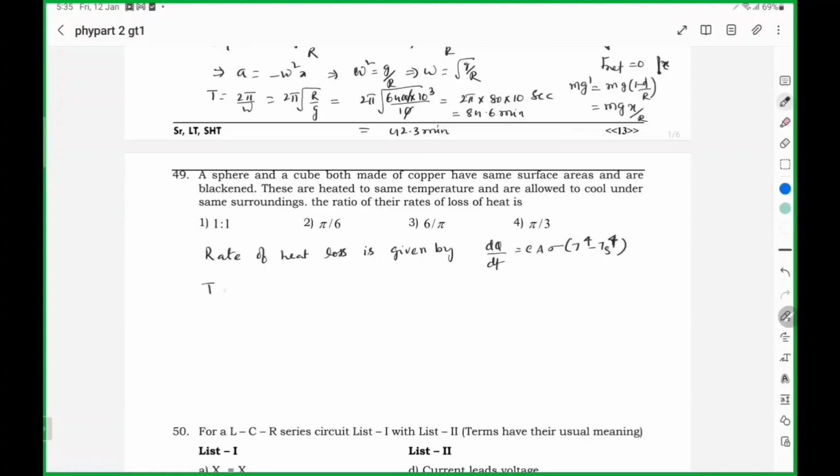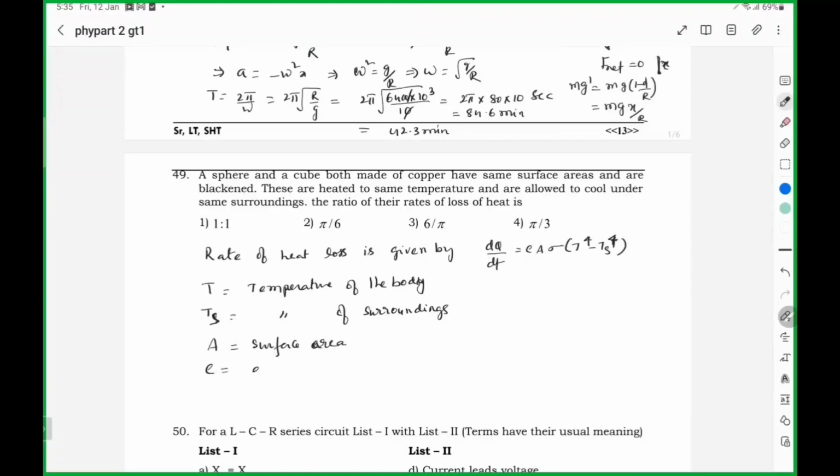So T is temperature of the body, Ts is temperature of surroundings, and A is surface area.